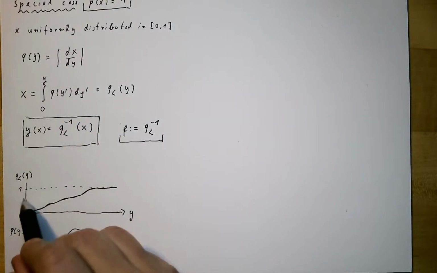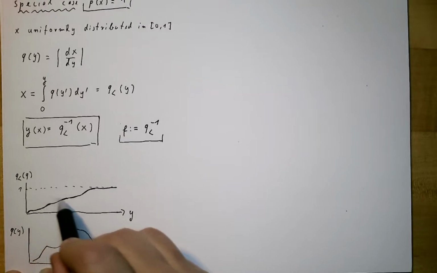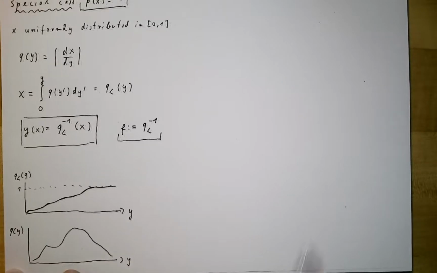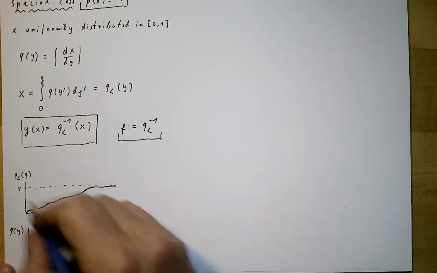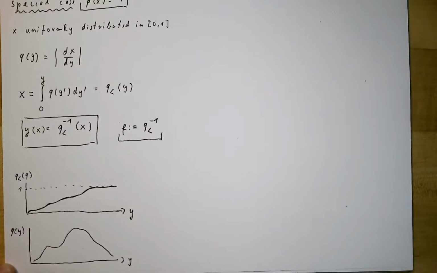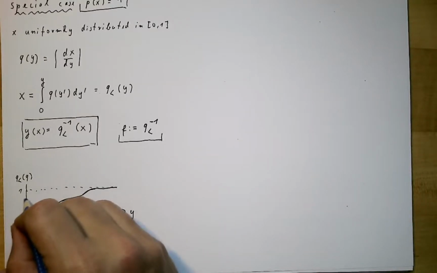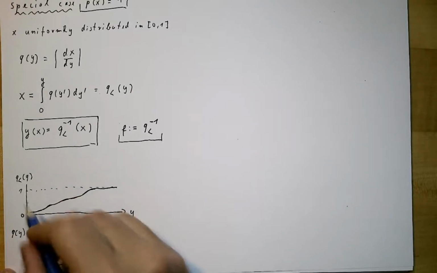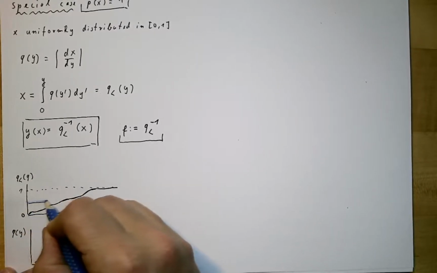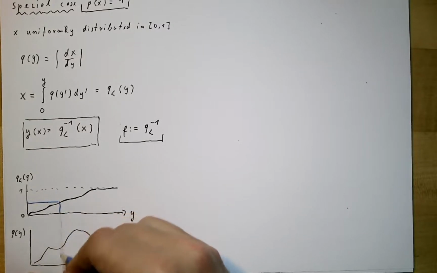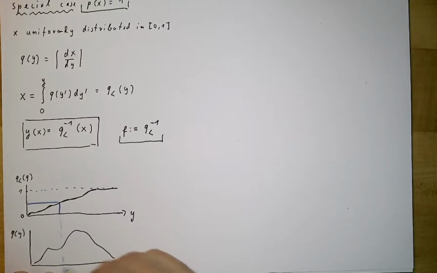We take any such value, we take the inverse of the cumulative distribution, and then I find the y value which corresponds to this. So I take a random number generator, I generate a random number between 0 and 1, and maybe this random number will be this value here. Then I look in my cumulative distribution and find this y value, and this is the y value that we were interested in.